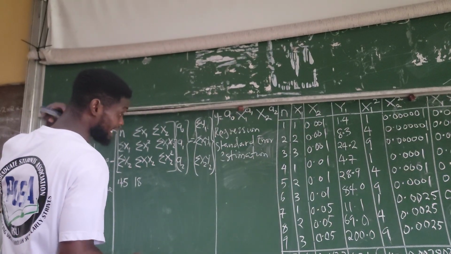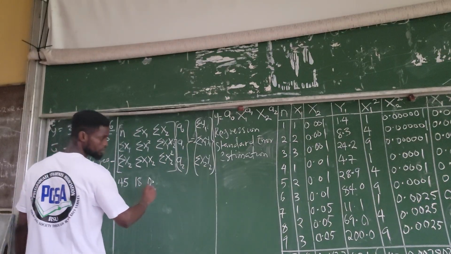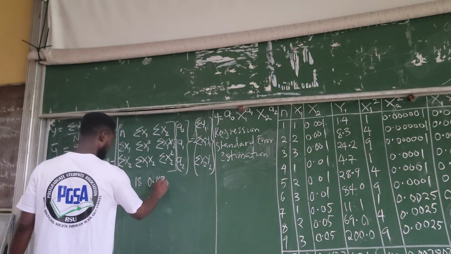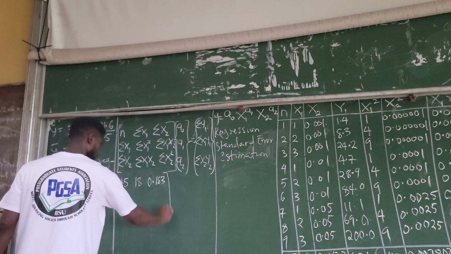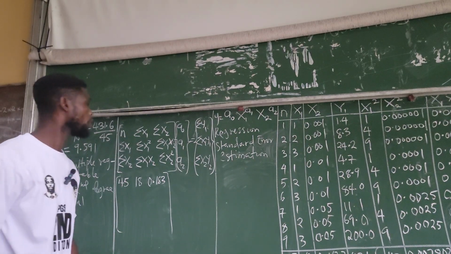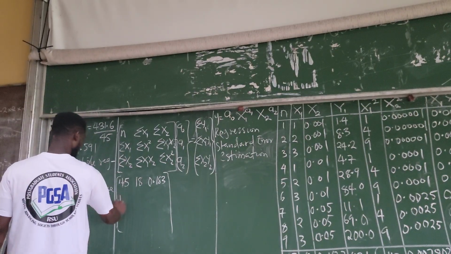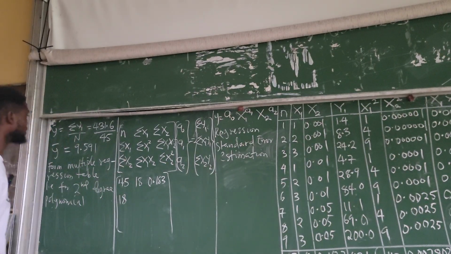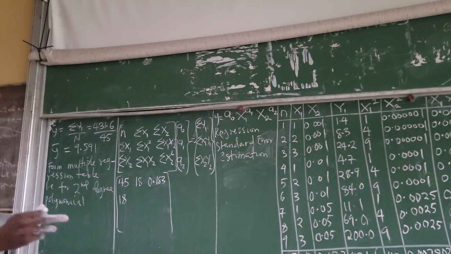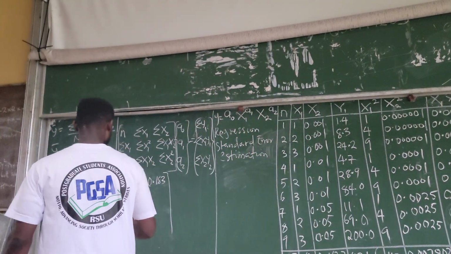It is 0.183. So after that, summation of x1 is 18. After 18, then summation of x1 square, look at x1 square, that is 42. So we have 42.